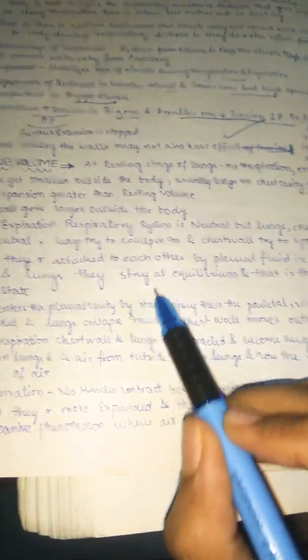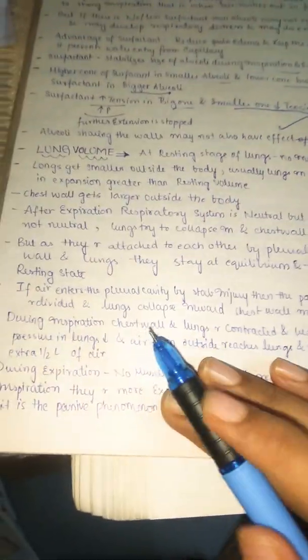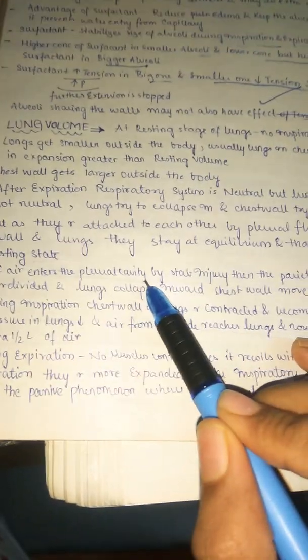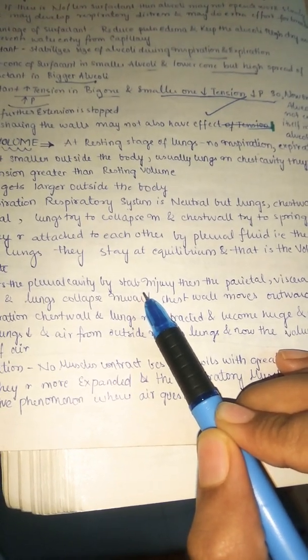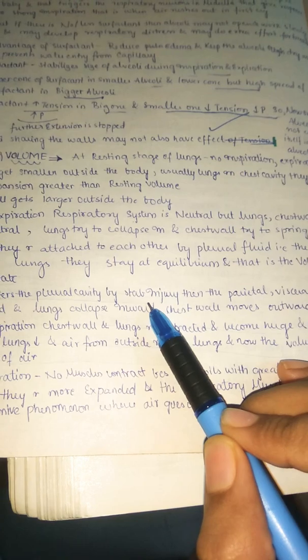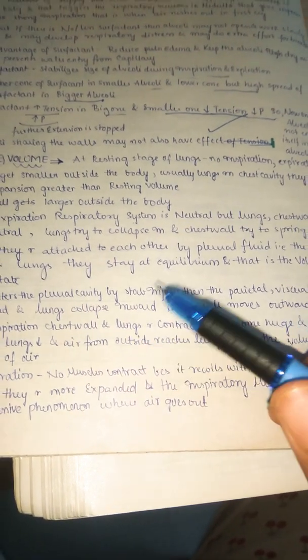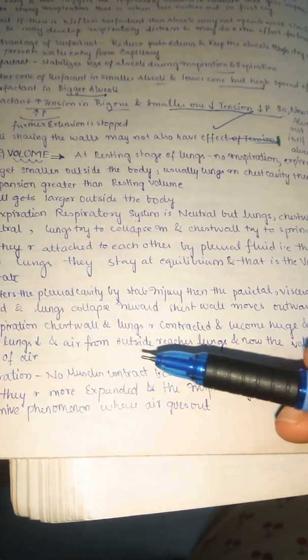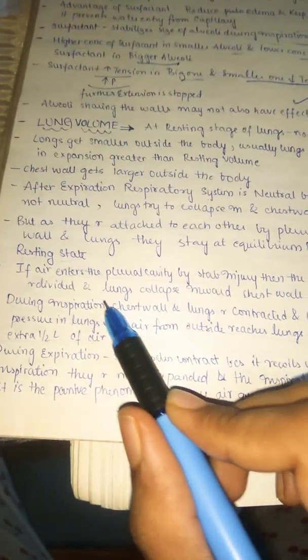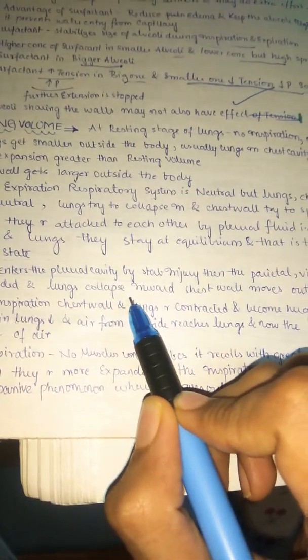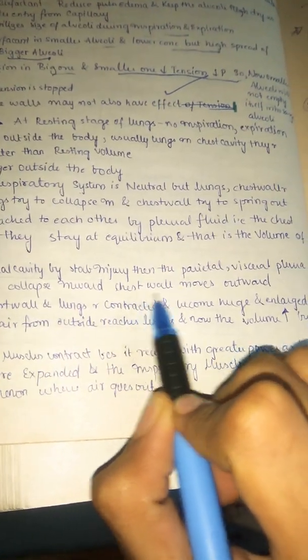So at the resting state, you can understand that their equilibrium point is nothing but the volume. If air enters the pleural cavity, mainly by a stab injury as in pneumothorax, as I said already, then the parietal and visceral pleura are separated, the lungs collapse inward and the chest wall moves outward.